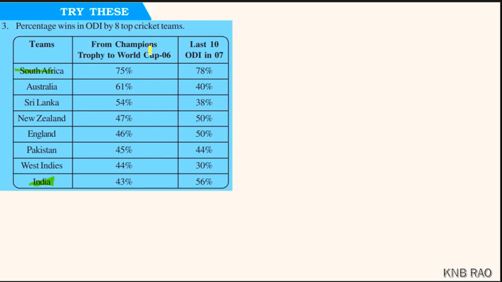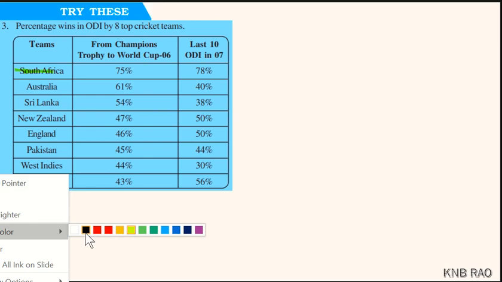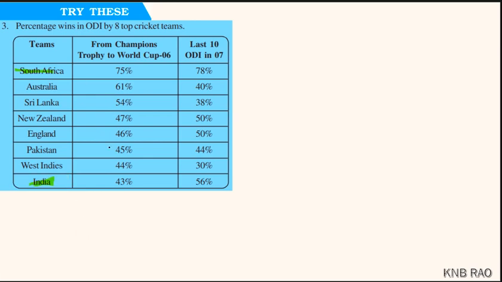You are given the percentage of wins from Champions Trophy to World Cup 2006, and next, the last 10 ODIs in the year 2007. You are asked to represent this data as a graph. Students, again here we have two numerical data sets. When we have two numerical data sets, definitely we have to go for a double bar graph.